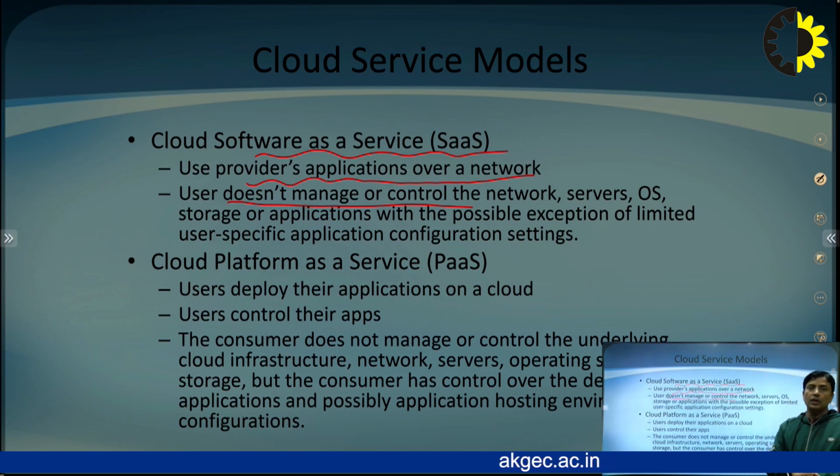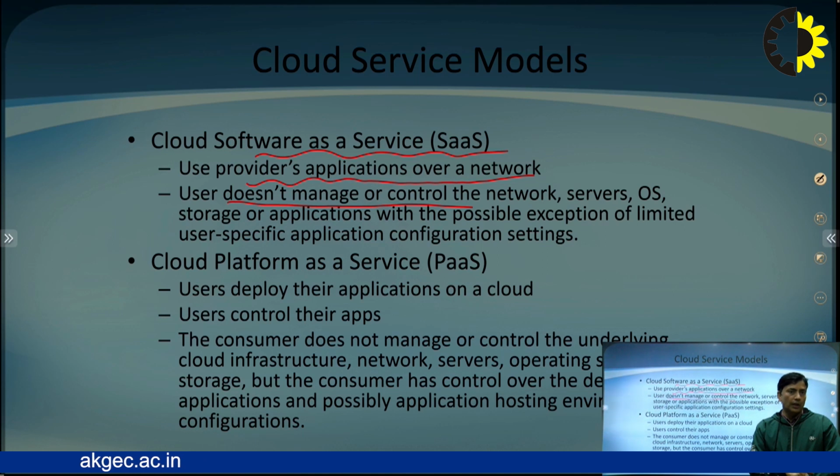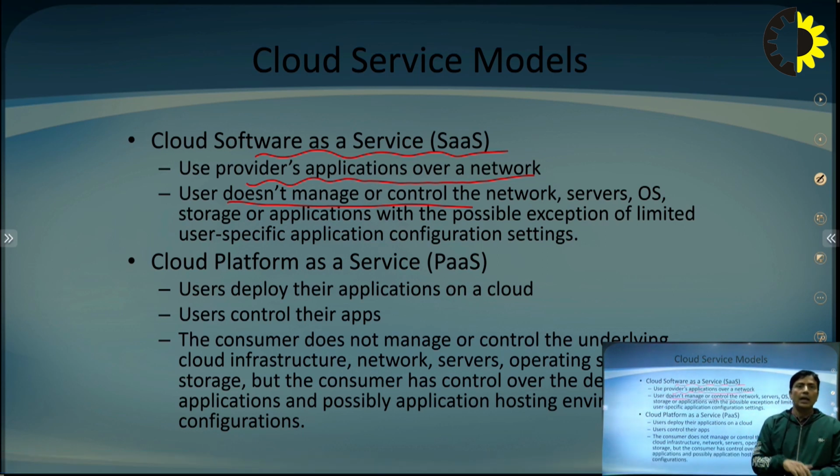That means when you are using SaaS, you have very limited control on the application. Basically, you can configure the services, but you cannot manage or control them. So SaaS gives the consumer very limited control. All control is with the provider.